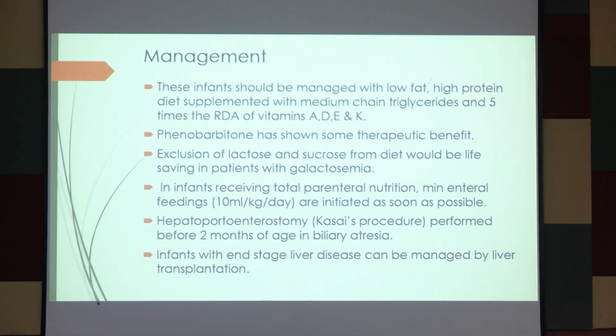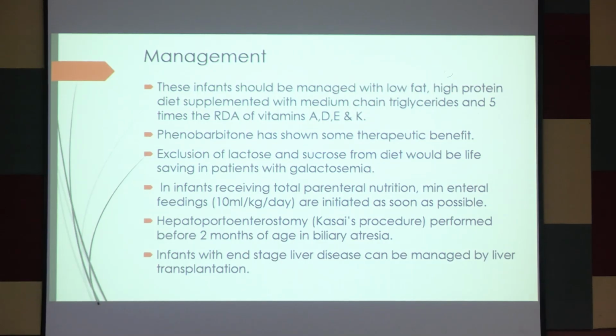Now, how to manage a case of direct hyperbilirubinemia? Low fat, high protein diet will be given, supplemented with MCT oil, medium chain triglyceride, and 5 times RDA, recommended dietary allowance, of vitamin A, D, E, K. These are fat soluble vitamins.